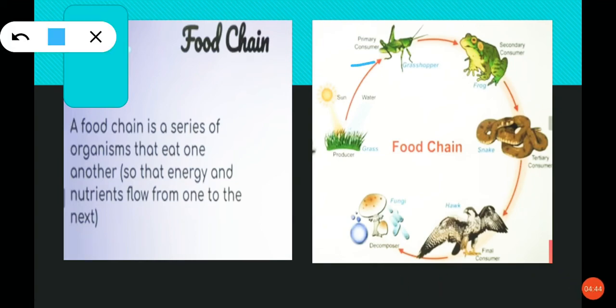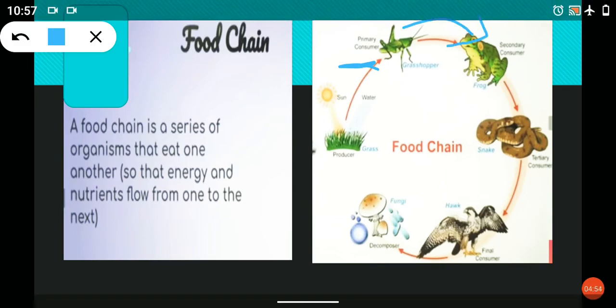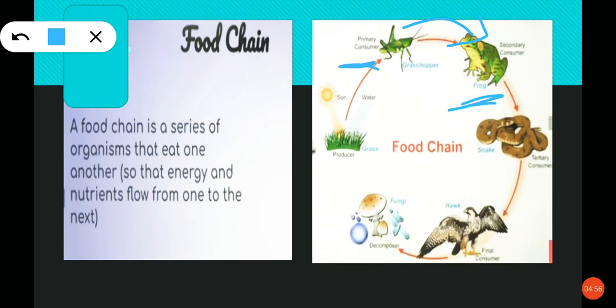See here, these are primary consumers. The grasshopper is called a primary consumer, and it is eaten by what? The frog. Yes or no? Yes, this is a secondary consumer, and the frog is eaten by the snake. This is a tertiary consumer. And this is the final consumer. The eagle is a final consumer.